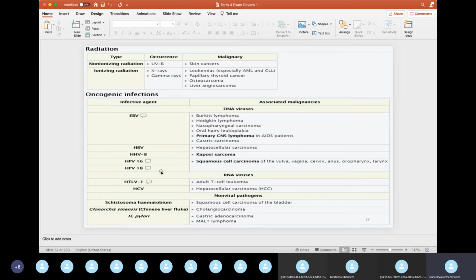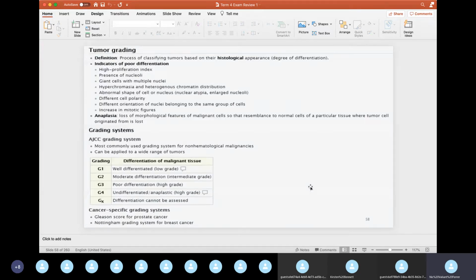HPV, this is 16, 18, squamous cell carcinoma. High yield HTLV1, adult T-cell leukemia. HCV, hepatocellular carcinoma. Schistosoma for transitional cell carcinoma of the bladder. Clonorchis sinensis, cholangiocarcinoma, and H. pylori for MALToma and gastric adenocarcinoma.